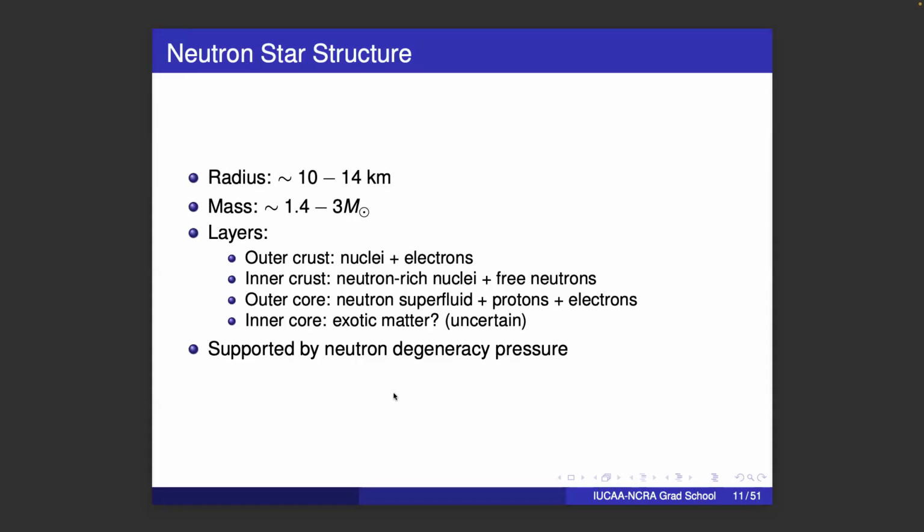Because it has an outer crust which consists of nuclei and electrons, an inner crust which contains neutron-rich nuclei and some free neutrons. The outer core is neutron superfluid plus protons plus electrons, and the inner core could be some exotic matter. We don't know exactly what it is, but the whole thing is supported by neutron degeneracy pressure.